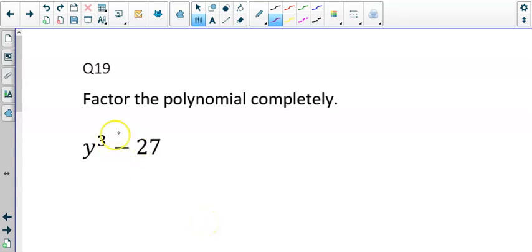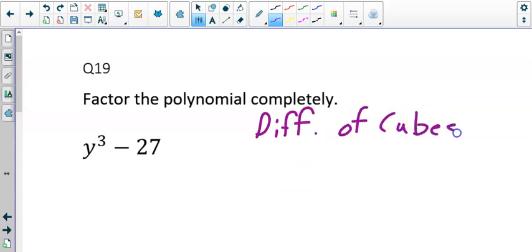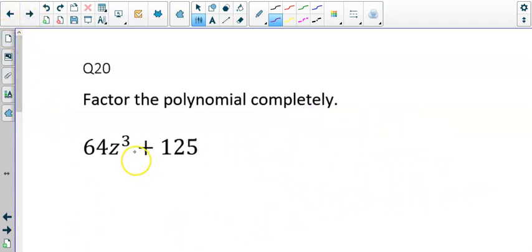This form that we're looking at here is what we call the difference of cubes. Number 20, if you look at it, between my two terms is a plus sign. So that would be called the sum of cubes.